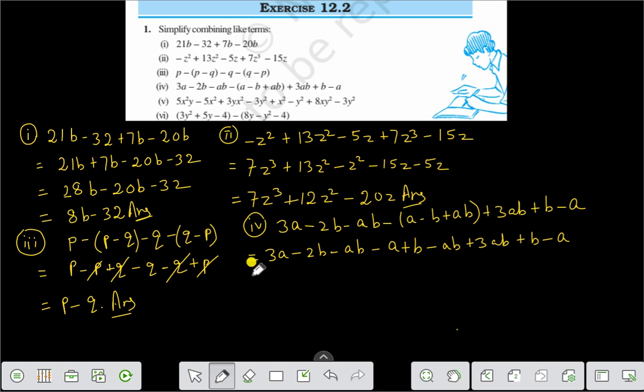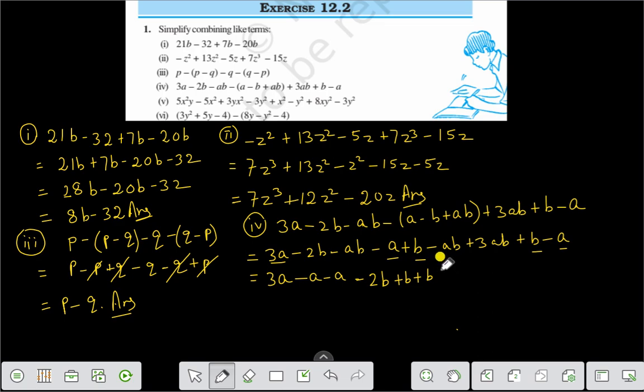Here you see, put all the a's on one side: this one is 3a, this is minus a, this is also minus a. Now b: minus 2b, plus b, plus b, right?